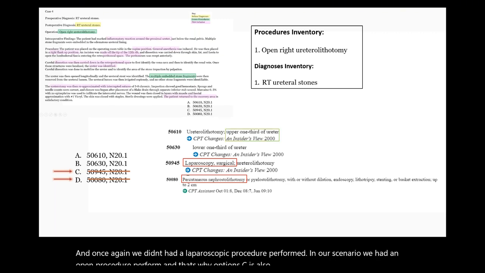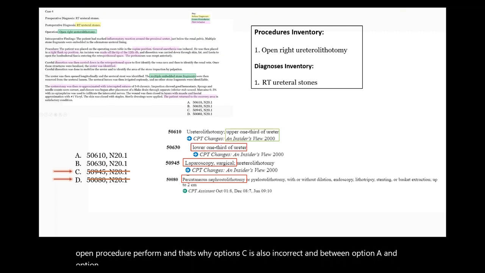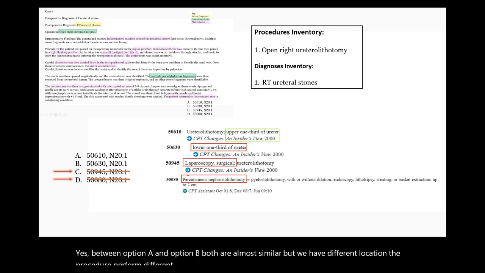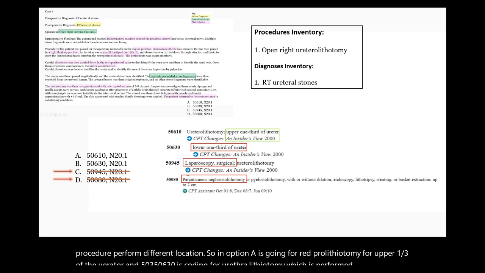And between option A and option B, both are almost similar, but we have different location of the procedure performed. Option A, 50610, is coding for ureterolithotomy for upper 1/3 of the ureter, and 50630 is coding for ureterolithotomy, which is performed on a lower 1/3 of the ureter.